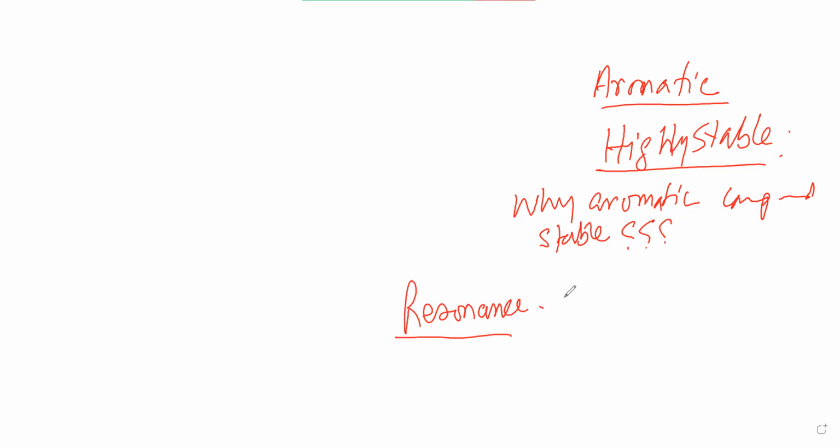Because when a compound starts reacting, then it's called reactive, unstable. If the compound is happy with its own structure, then you can say it's not reacting, so it's stable. Why is it stable? Which thing gives stability to benzene?